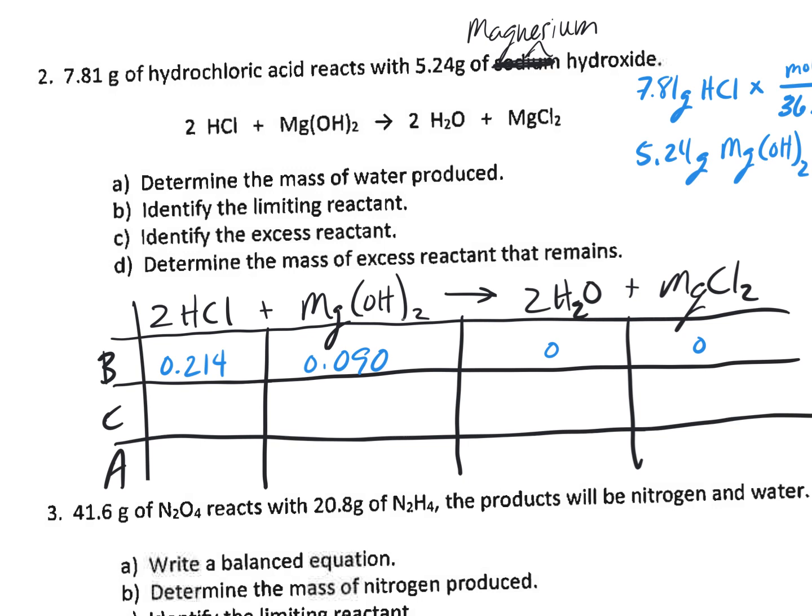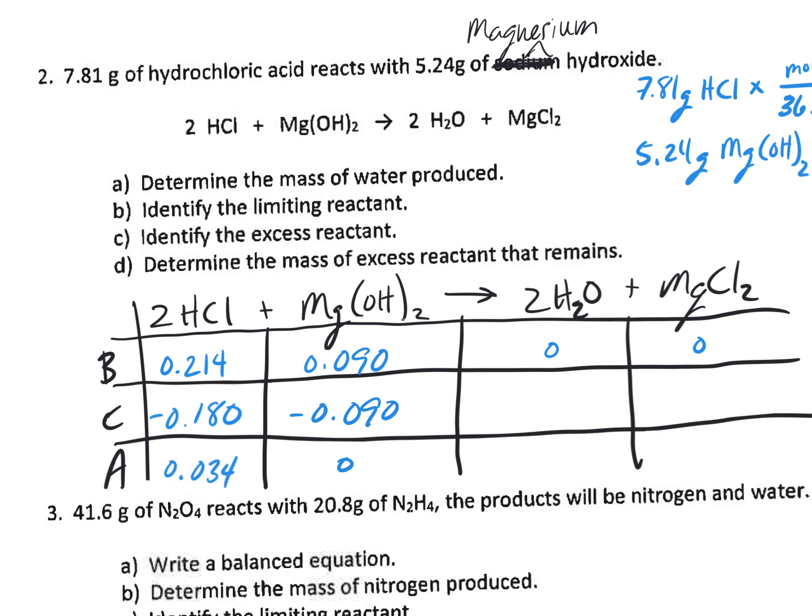I think it's pretty easy to see that magnesium hydroxide is going to be the limiting reactant. Why is that? If I use up all of it, I'm only going to need 2 times 0.09 is 0.18.